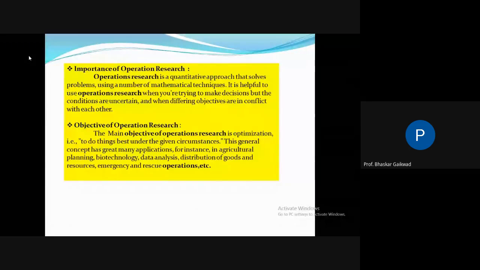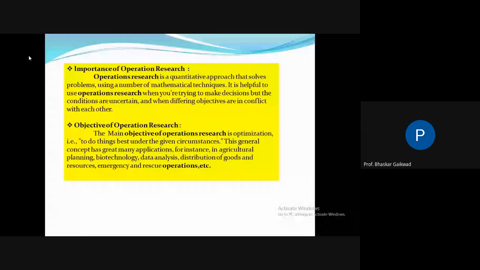The travel has to be made optimum. That is the distribution of parts. Then data analysis in statistics, biotechnology, and planning in agriculture. So these are the main objectives of operation research.